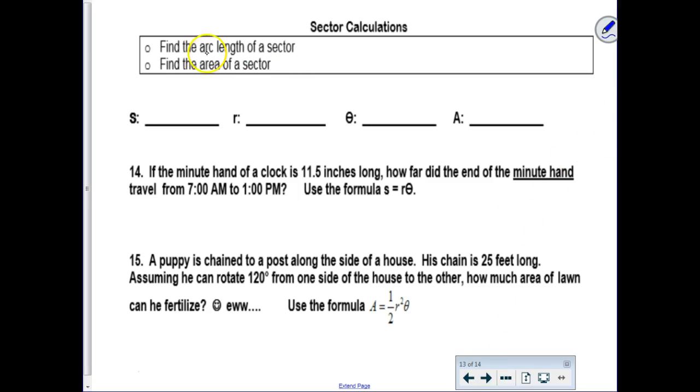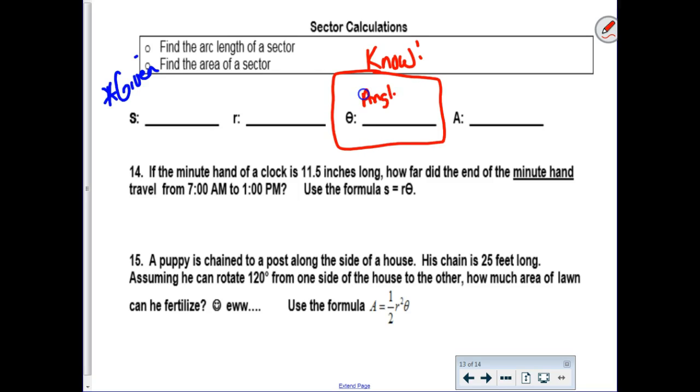All right, I'm going to give you these formulas. These will be given to you, except this one right here. There's no formula for this, but you have to know. So this is like the one thing you need to know, that the angle must be in radians. And that's the most common mistake on this test, is they forget that the angle has to be in radians.